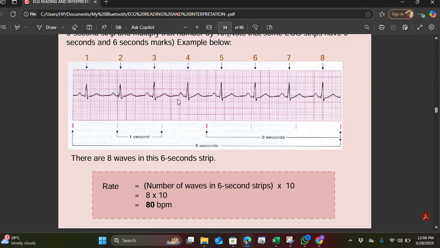You count the number of boxes from the first to the last. From this one, 2, 3, 4, 5, 6, 7, 8, 9, 10, 11, 12, 13, 14, 15, 16, 17, 18, 19, 20, 21, 22, 23, 24, 25, 26, 27, 28, 29, 30. So you are counting. This one now we have 30 big boxes. That is the first thing.